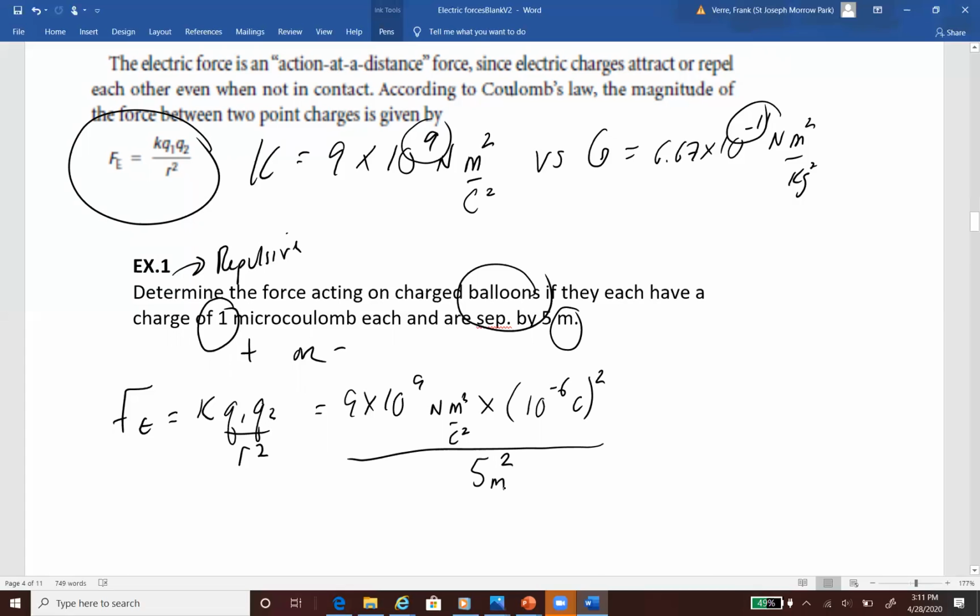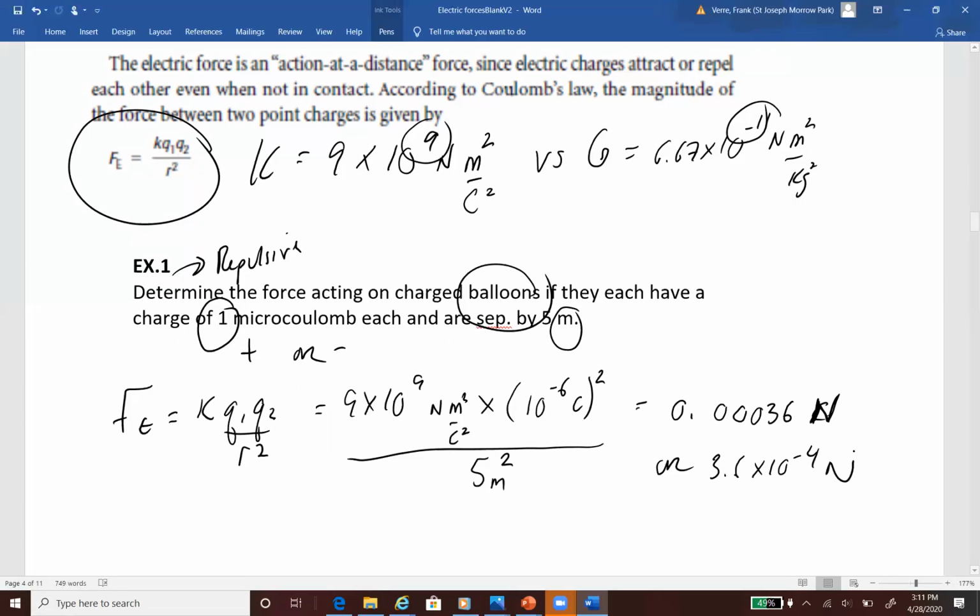If we do that, we get an answer of about 0.00036 newtons, or 3.6 times 10 to the negative 4 newtons. Okay?